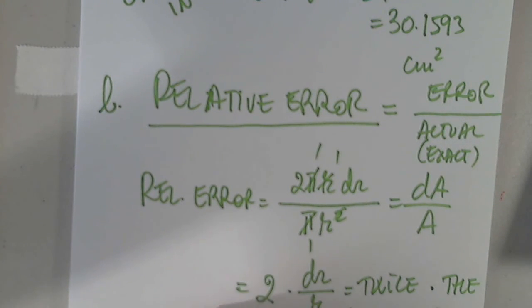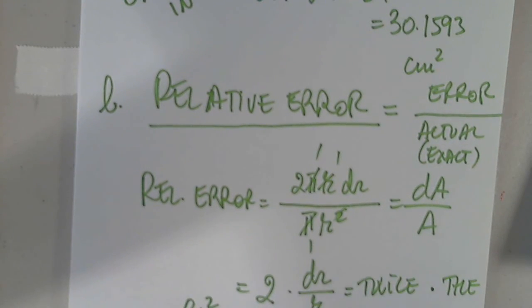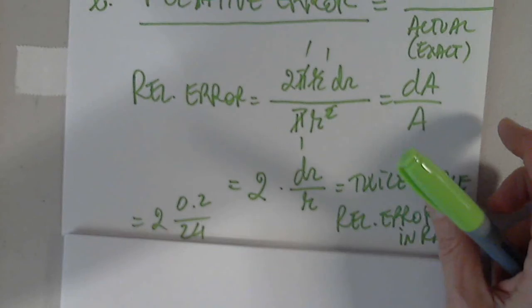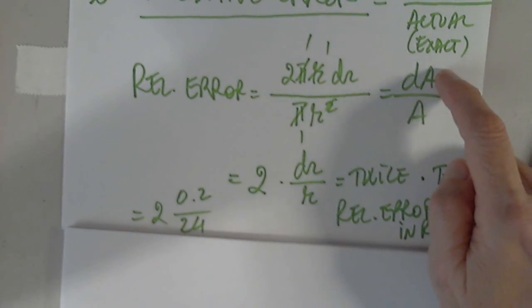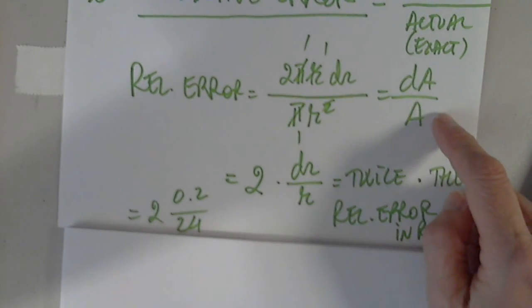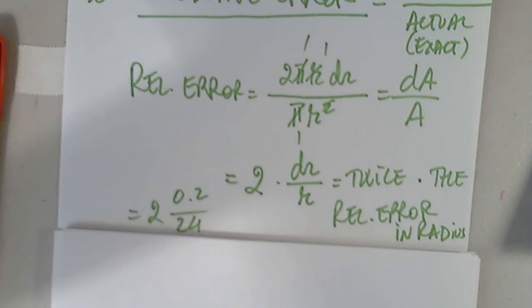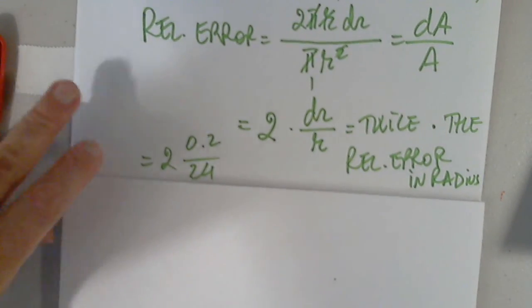And now I'll plug it in. It's 2, dr is 0.2, r is 24. And I'll calculate that in a minute. Measurement unit for relative error? None. Centimeter squared over centimeter squared. Relative error, no measurement unit. Okay?